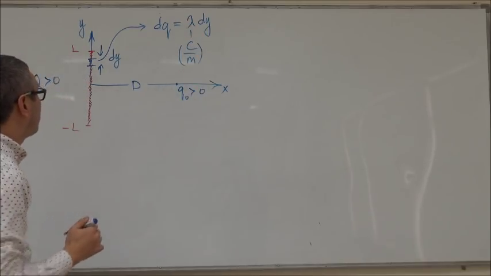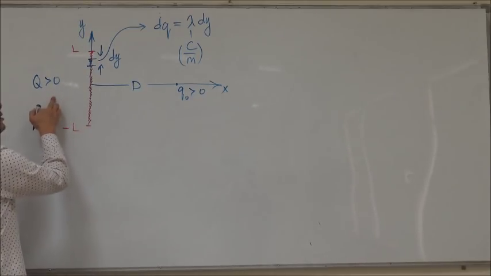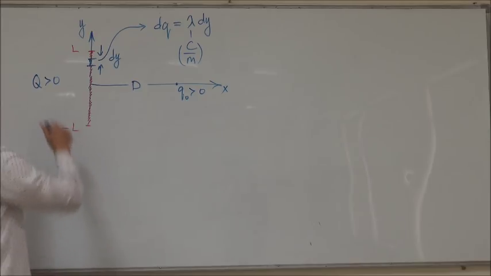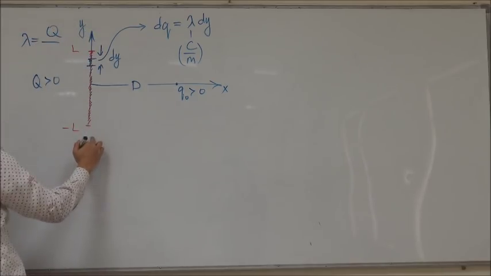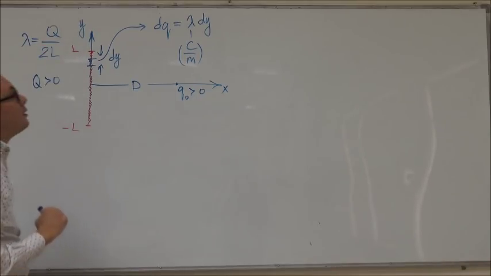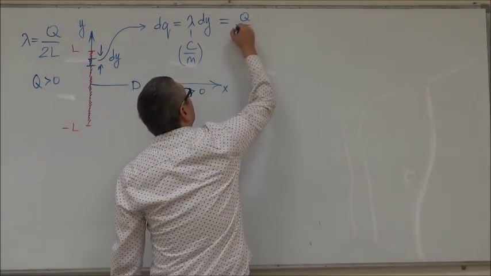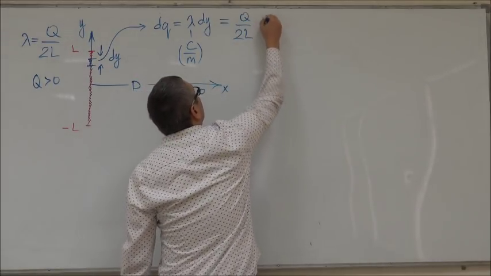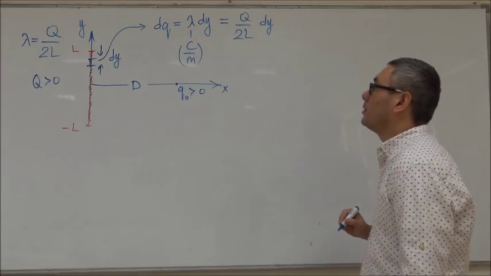Now, we are told that the charge is distributed uniformly and the total charge is Q. So lambda is equal to the total charge Q over the entire length of that line. So that's 2L. So we can then say that dq is equal to Q over 2L dy. So this is the amount of charge within this small element.